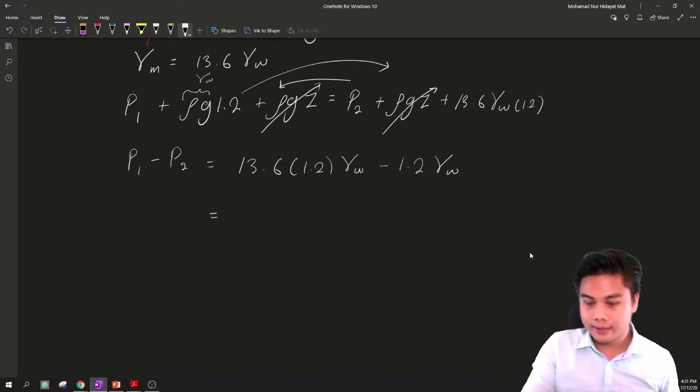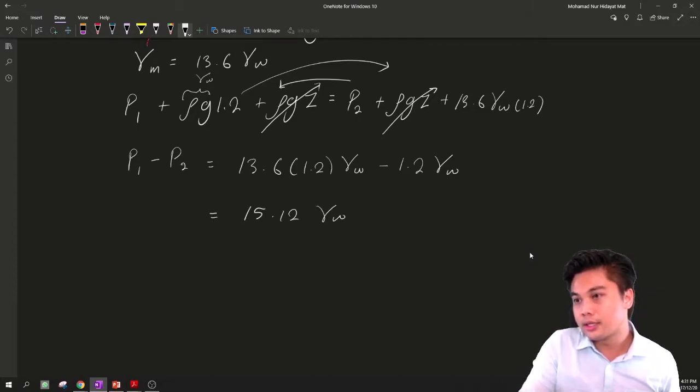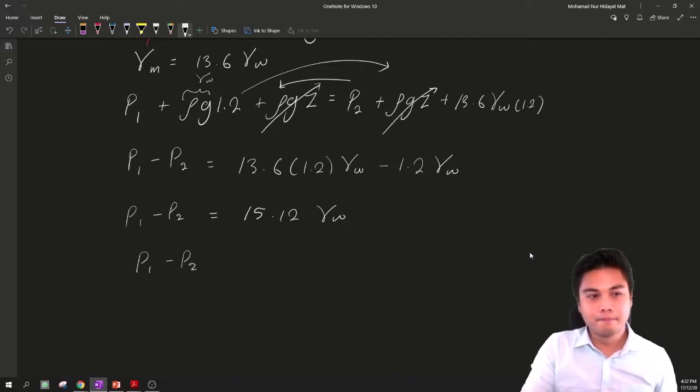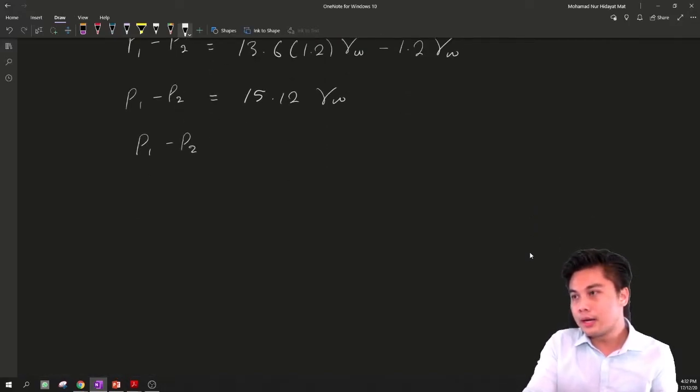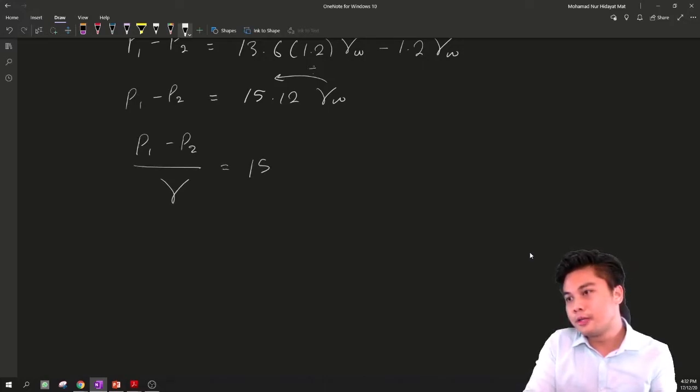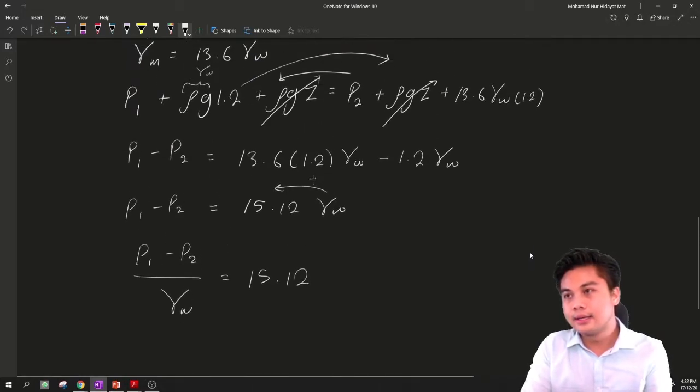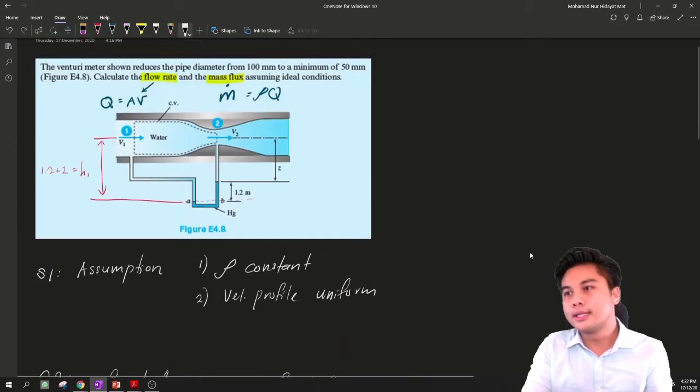Definitely you will get 15.12 gamma of water for P1 minus P2. So moving gamma to the other side, P1 minus P2 over gamma equal to 15.12. You can put W for water or not, because we know that this refers to water.